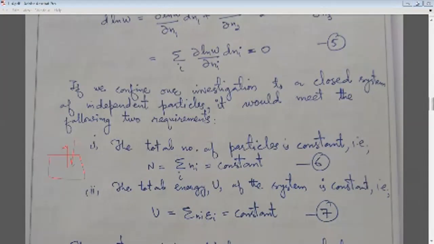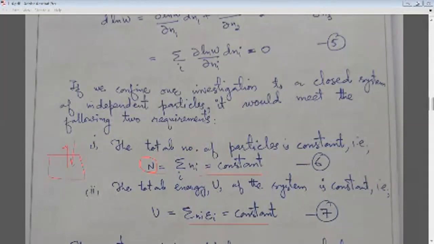So the total number of particles, that means summation ni, will be simply constant. You have to remember this summation of small ni, that means n1 plus n2 plus n3 plus up to ni, they will totally form the total number of particles of the system, which is basically constant. Also the total energy, which we represent here with capital U, of the system is also constant, which is basically equal to summation ni ei.